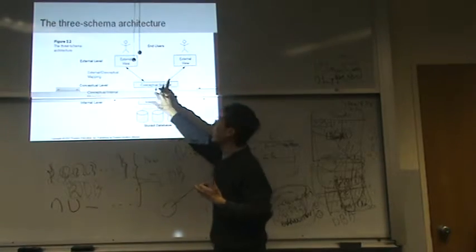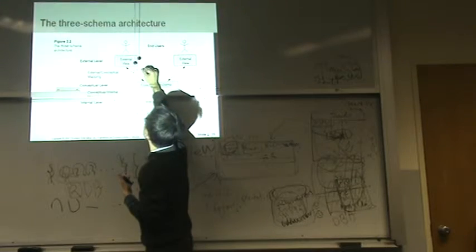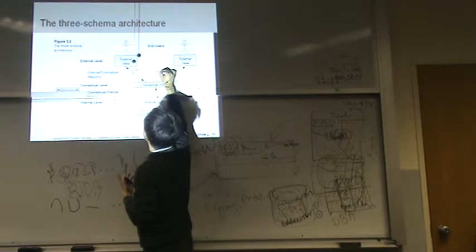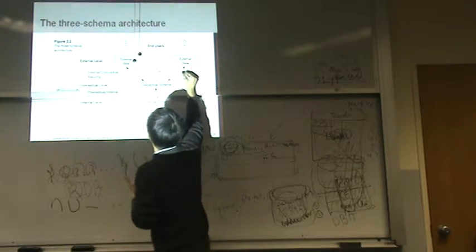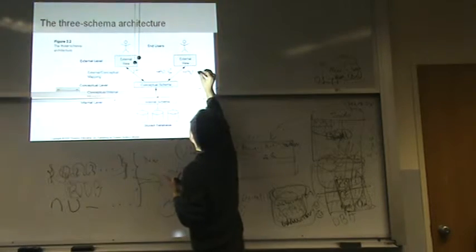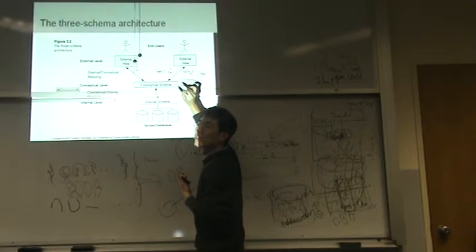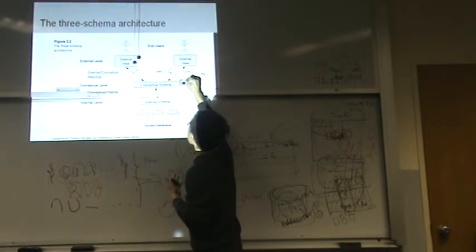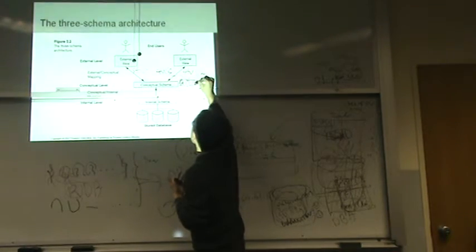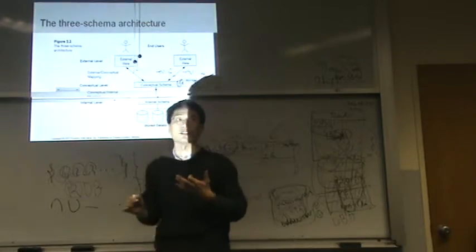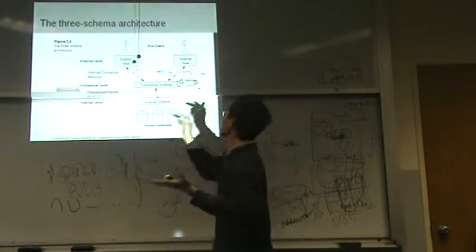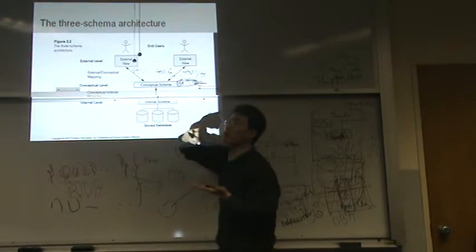Like this is the student view for computer science, and this is the student view for payroll, but the student table is still one. Sometimes one view accesses only certain columns, another accesses the whole set of columns, something like that. When you insert data, it applies to the conceptual schema.